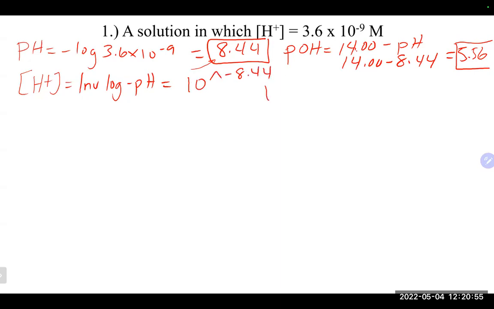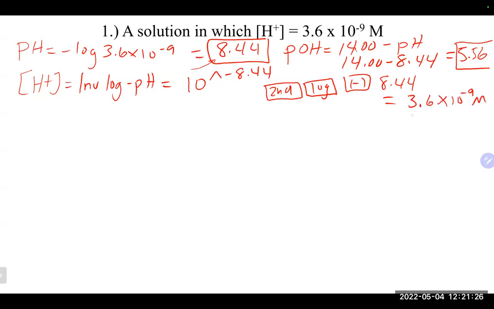Once again, on your calculator, usually it's the second or shift button, the log button, and negative 8.44. There it is, negative 8.44. Gives me something like 3.6 times 10 to the minus 9 molar.